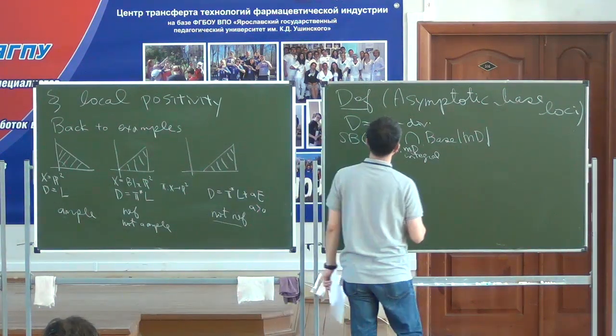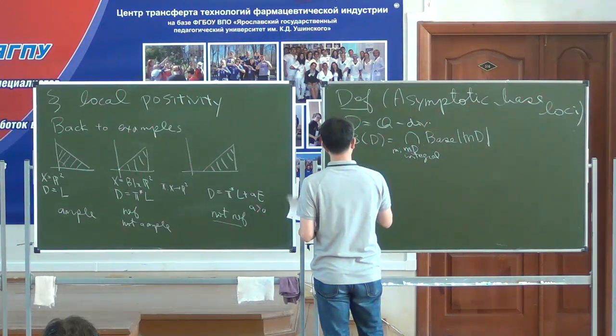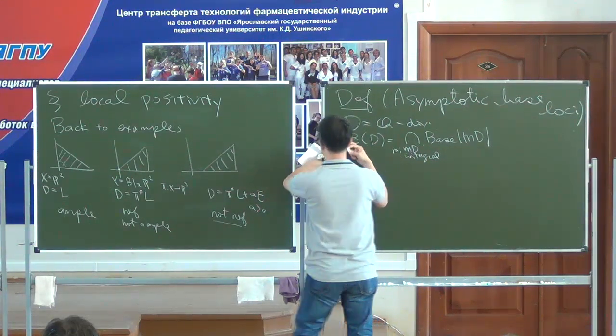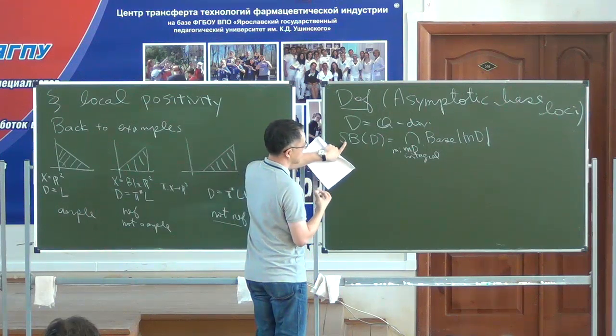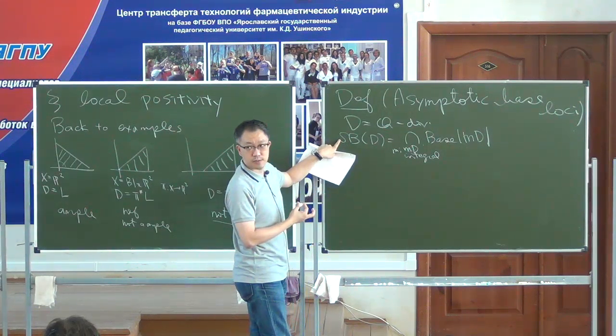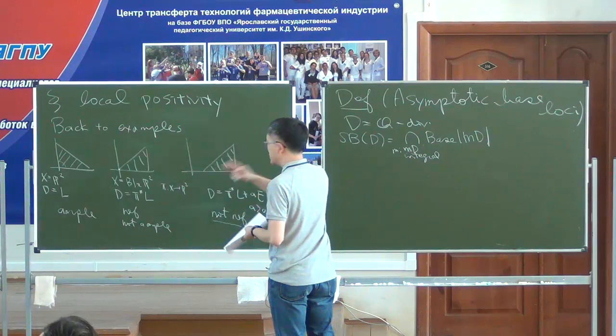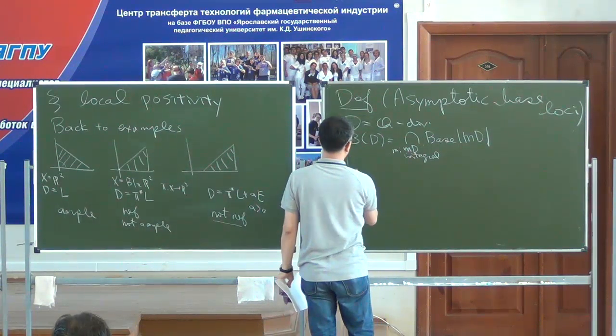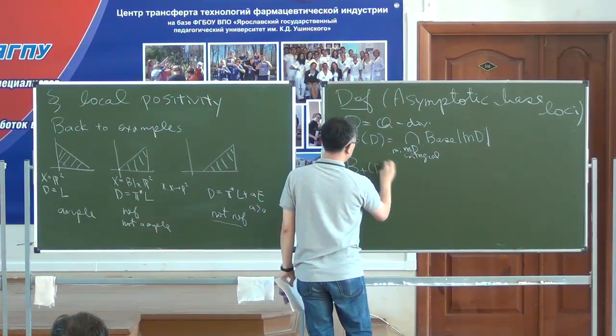But if you read Lazarsfeld's positivity book, it says that this is not numerical. So actually we want everything to be numerical. So we define the following two base loci.